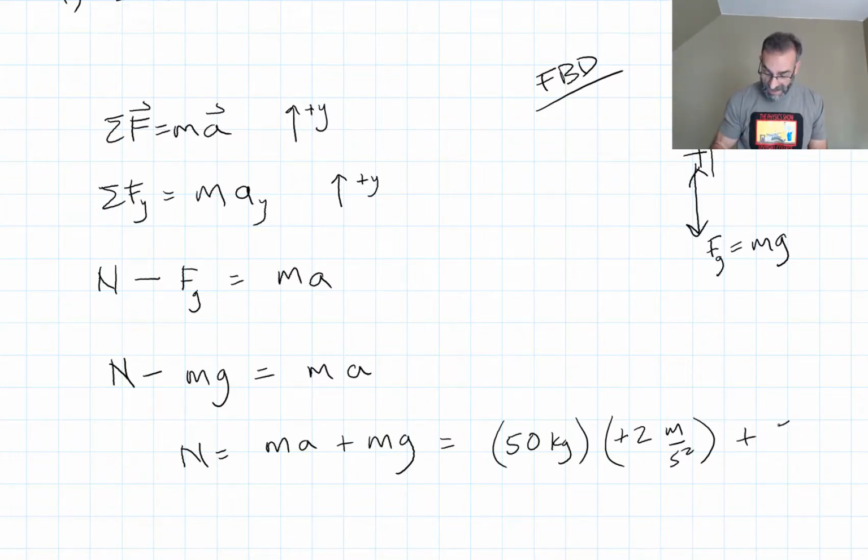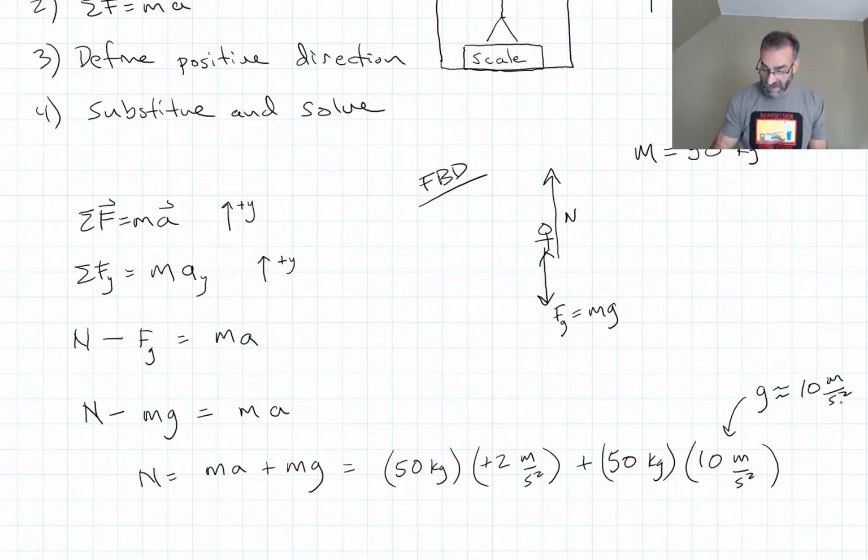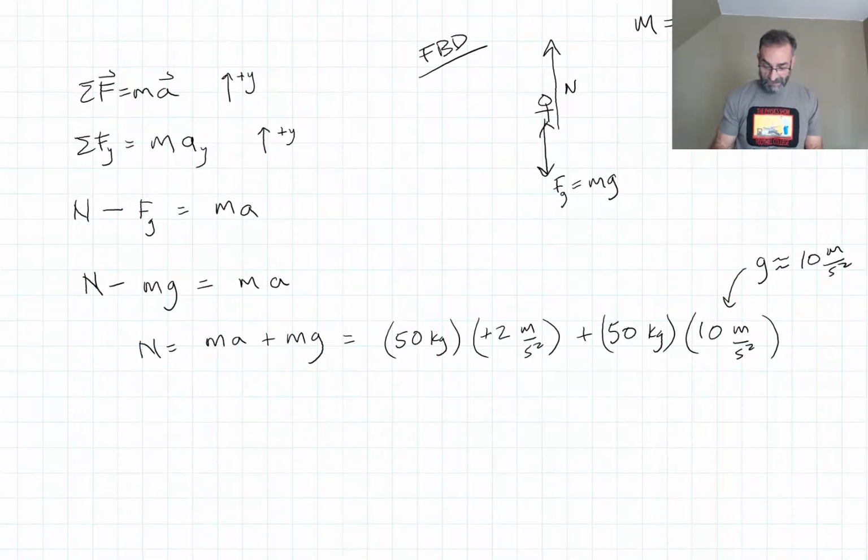And we're adding to that 50 kilograms times g, and I'm just going to use 10 meters per second squared for g, approximately 10. I know it's 9.8. If I had a calculator handy, I'd use 9.8, but I don't. So I'm just going to use 10 so I can do this in my head.